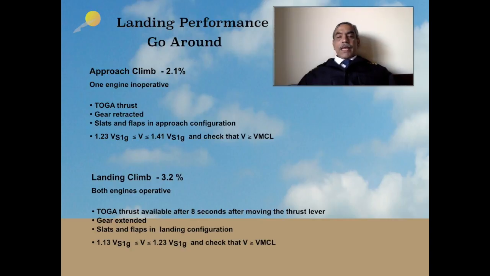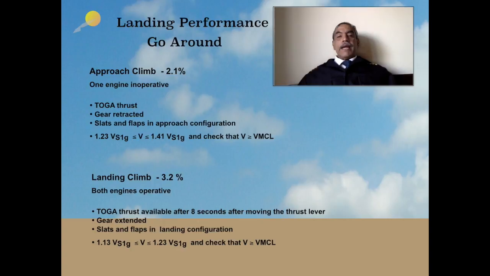That means if the aircraft were to be on single engine, one engine inoperative, and the aircraft had to make a missed approach or go around from the approach, the minimum climb gradient that needs to be achieved is 2.1%. Then, of course, the other conditions are one live engine thrust at TOGA, takeoff, go-around thrust.